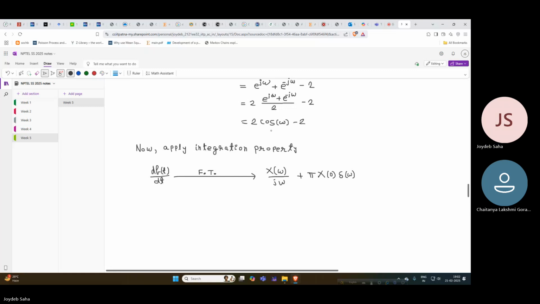So we can write it like (2 cos omega minus 2) divided by j omega, plus pi X(0). X(0) means, what?